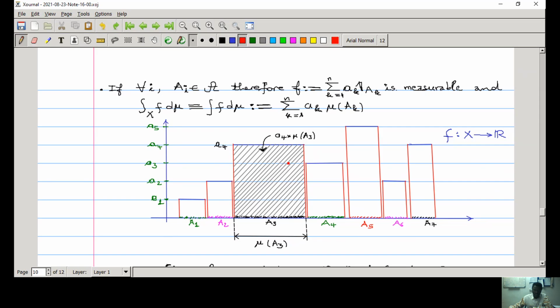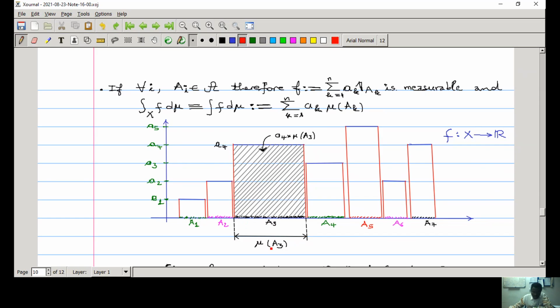Now, the integral of our simple function will be the area under this, right? So what is this area? If we are in the plane, it will be the area times the height. That would be a volume, right, in this case. So you take the length or the measure, or the volume, it's good to call it measure.